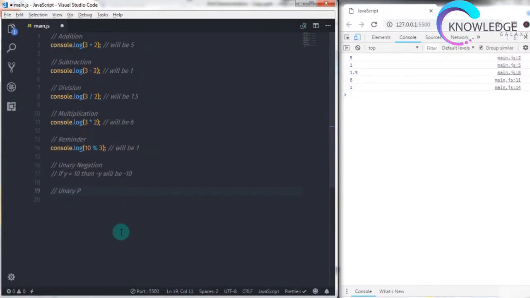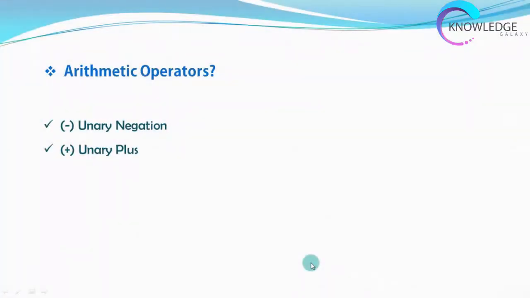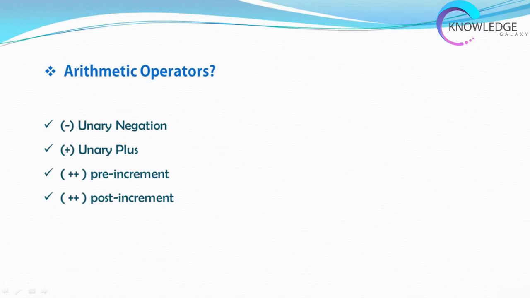It means if y is equal to minus 10, then plus y will be 10. This operator evaluates right to left. Next, pre-increment. Pre-increment is used to increment the value by 1 and evaluate to the new value. This operator evaluates right to left.